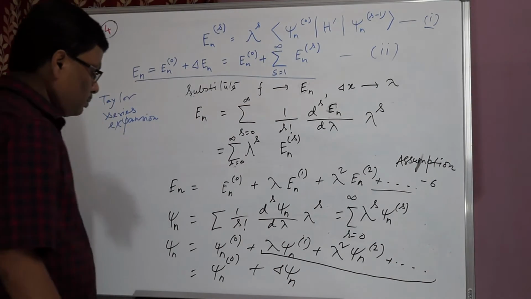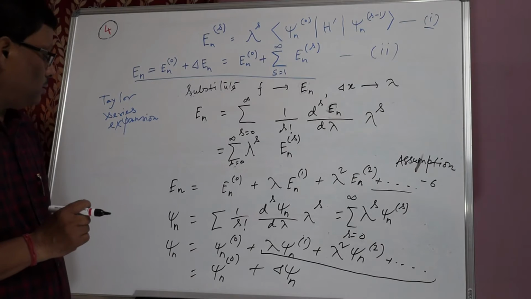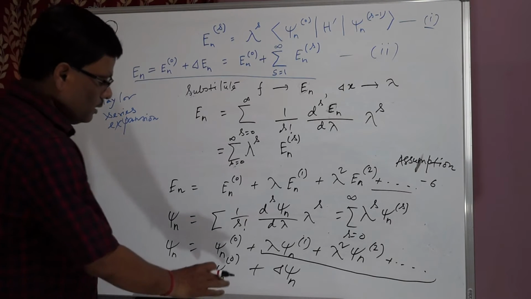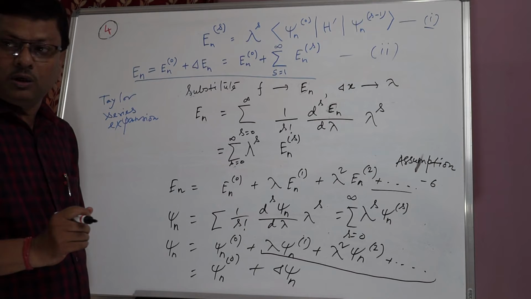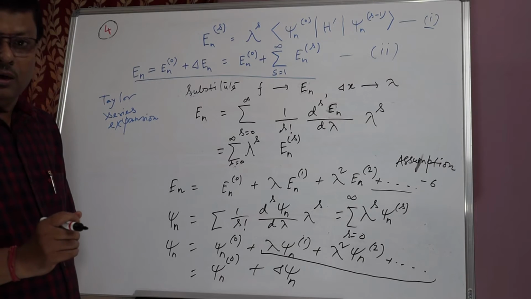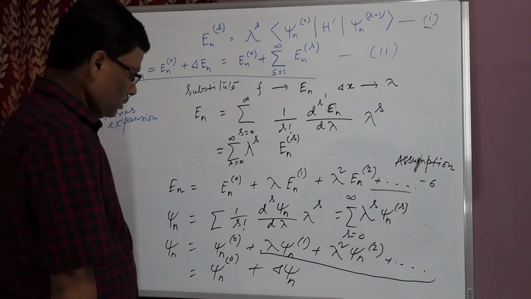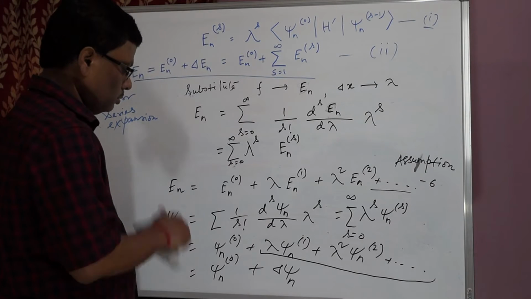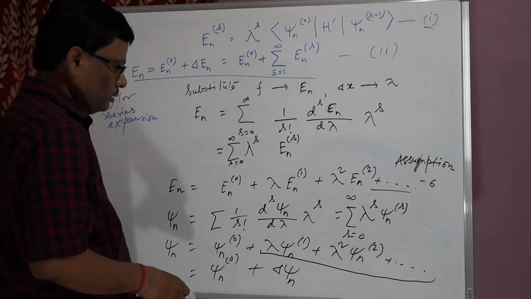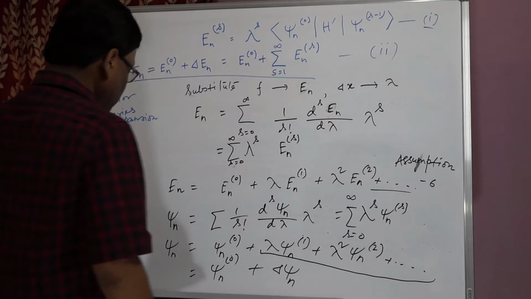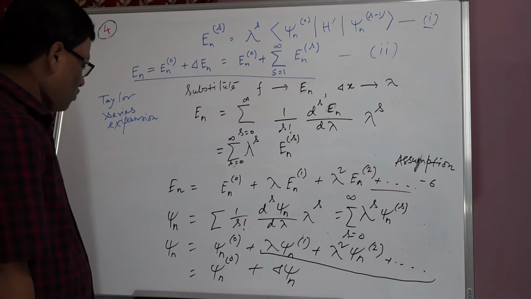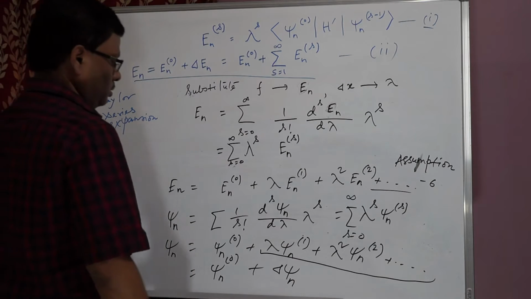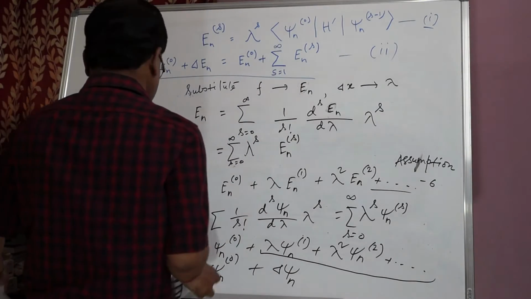Delta psi n gives the correction due to perturbation to the nth energy level and psi n0 is the zeroth order wave function. So these two expressions I calculated just before. Using these expressions, we now calculate these two expressions.